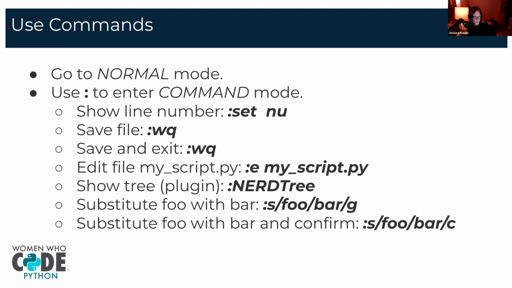If you want to save your file, you can do WQ, so write and exit. Oh yeah, I made a mistake, sorry for the typo. If you want to save and exit, for example, you can combine the W, which is write, save, and Q, which is exit. So you can combine multiple commands together to have a super command.